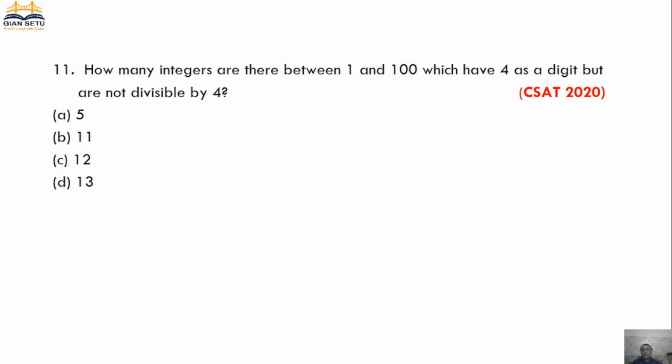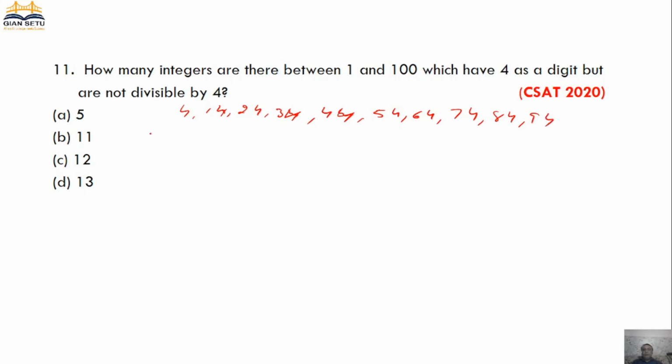So first of all let's write how many numbers are there between 1 and 100 which have 4 as a digit. So these numbers can be 4, 14, 24, 34, then 44, then 54, 64, 74, 84 and 94.